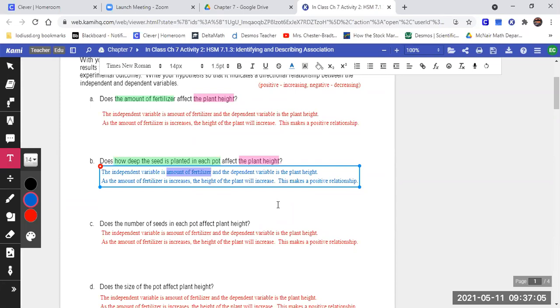I don't believe the independent variable is the seed, because that's not the green phrase. What you need to be typing out right now is the green phrase, because that's the independent variable. So tell me, what is it that we're claiming is the independent variable for this situation?